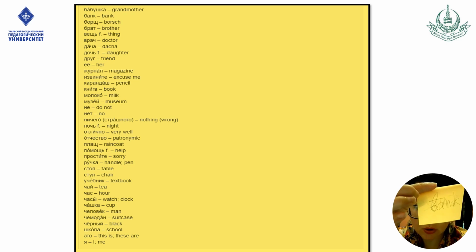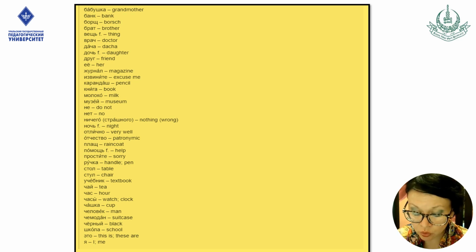I put the bank word here, and you look at the Russian side of the card and try to remember the word. Then you switch the sides of the card and you check yourself. You check the translation, maybe the transcription.